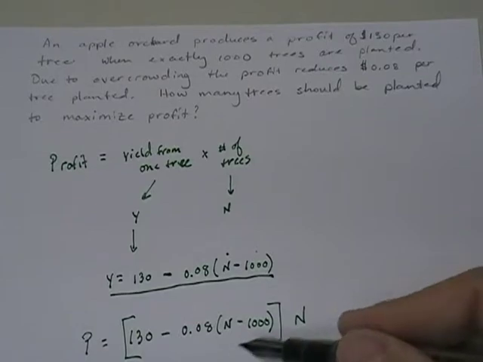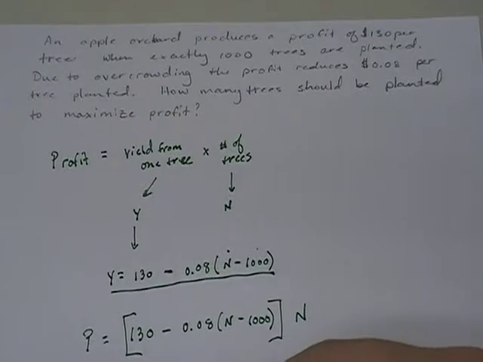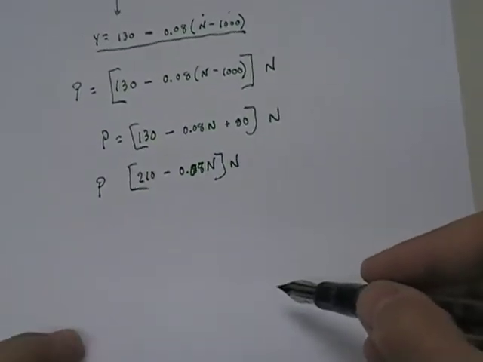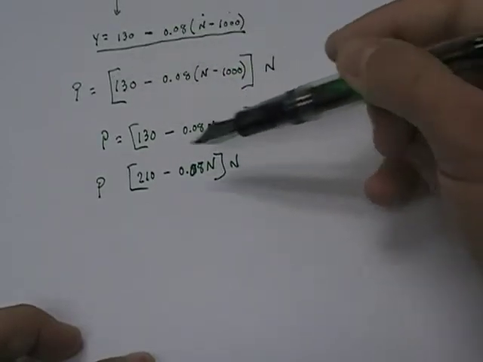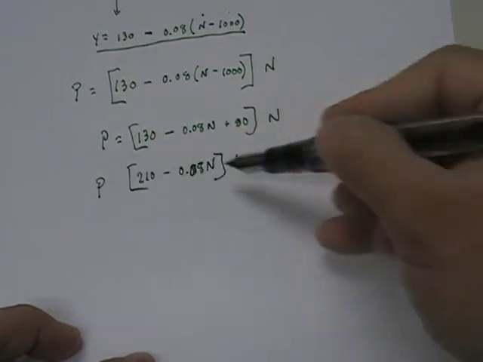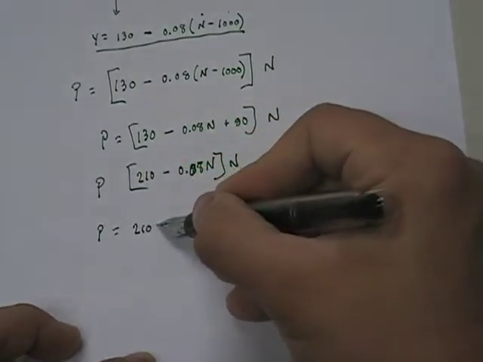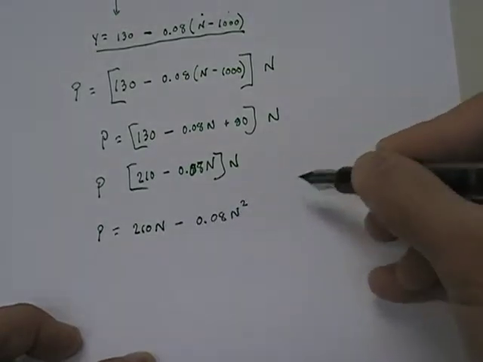And then if I combine 80 and 130, I get 210 minus 0.08 N, times N. Helps if you can see what I'm doing, doesn't it? So I'm just taking what's in the square brackets here and whittling it down to a simple expression. And now I'm going to distribute my N. So I get P equals 210 N minus 0.08 N squared.